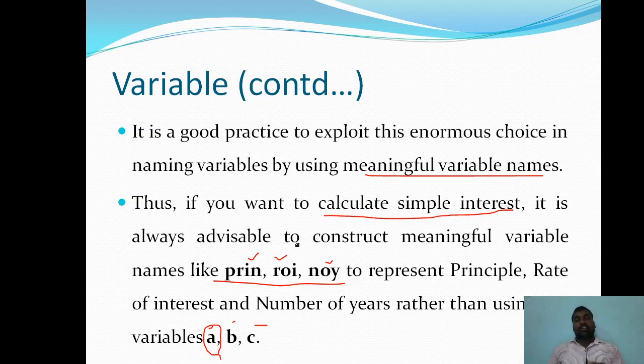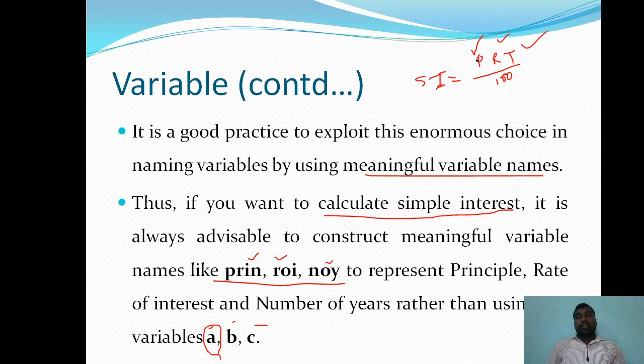Okay, so for calculating the simple interest we must have three things. So we need to know the principal amount, rate of interest, and number of years. Okay, so this is the formula: simple interest is equal to PRT by 100. So you can calculate the simple interest after knowing all these three parameters, right? So you must know the principal amount, rate of interest and duration, then only you can calculate.